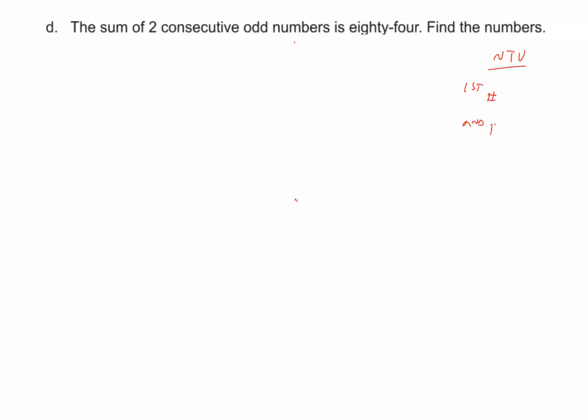Do you concur? So the first number we're going to call n. And the second number we're going to call n plus 2. It's consecutive odd numbers.